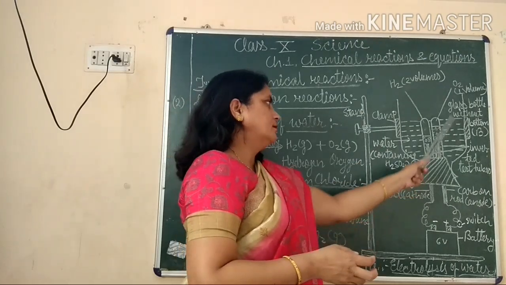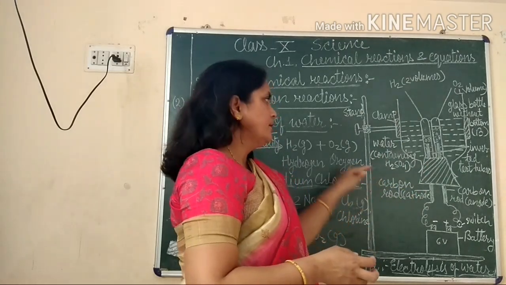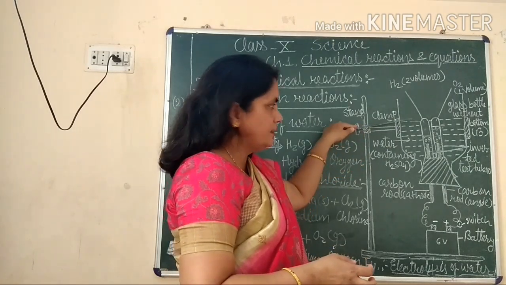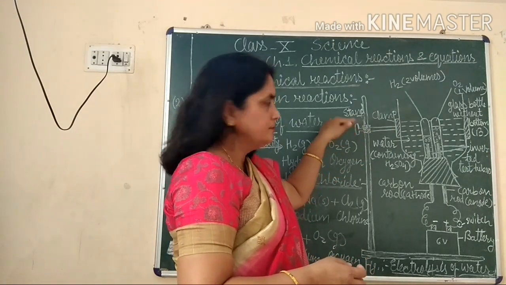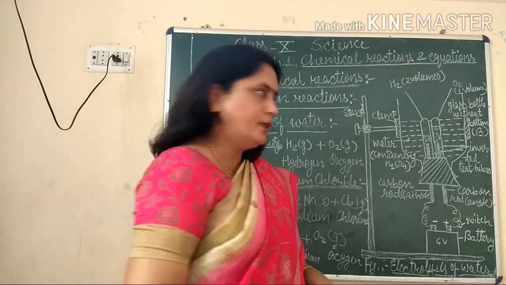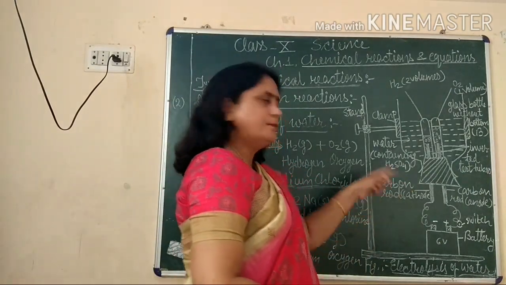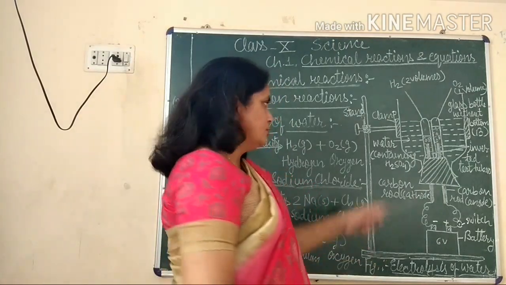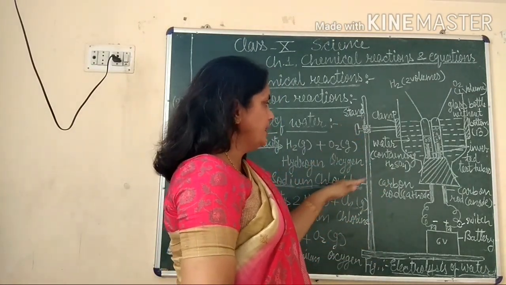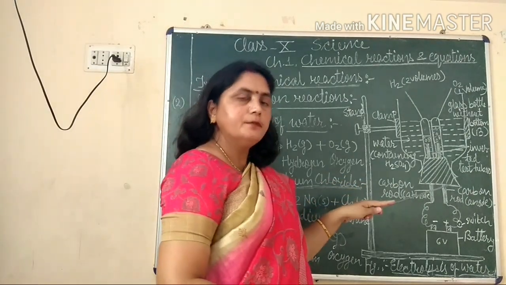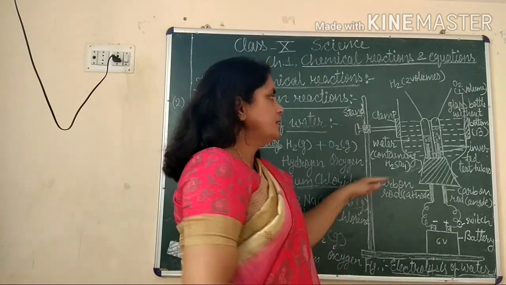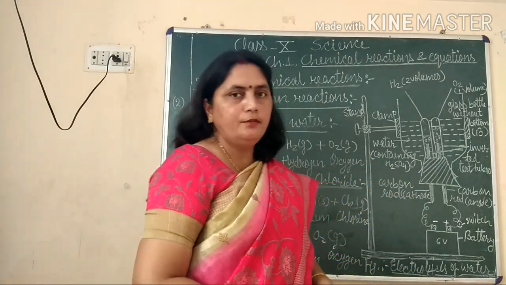We fill this water bottle up to 3/4 with water. In this water a few drops of sulfuric acid are added by which this water becomes acidified. So here is water filled up to 3/4 level and it is acidified by adding a few drops of H2SO4. By addition of H2SO4, the water becomes a good conductor of electricity.